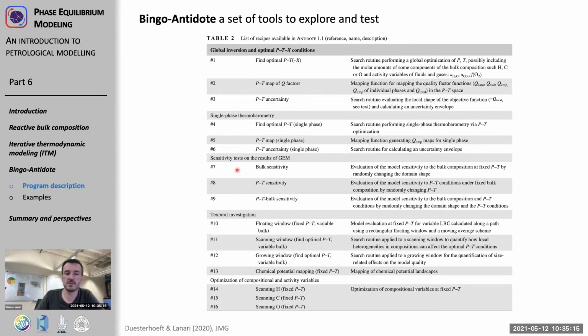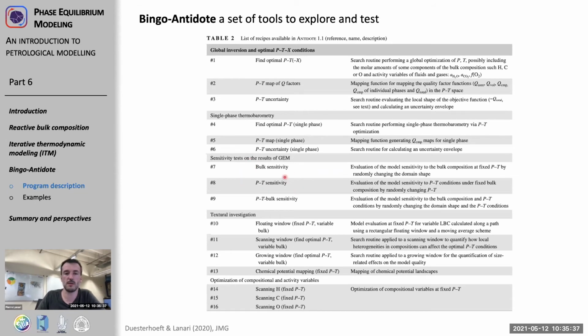And then we have some sensitivity tests on the results of the Gibbs free energy minimization. We can, for example, vary the input of the local bulk composition. That's exactly what I showed you at the beginning. The program will move each corner of your area and simulate that and see what are the consequences in the Gibbs energy minimization.